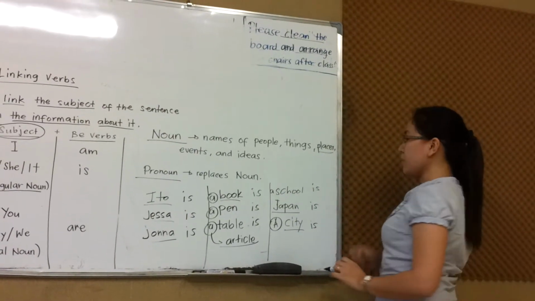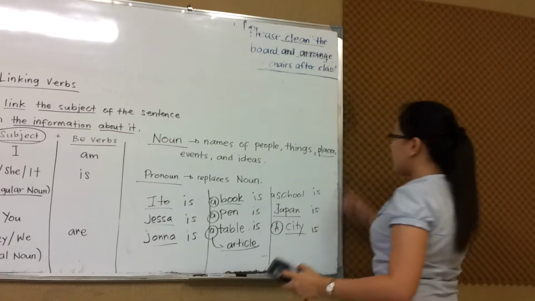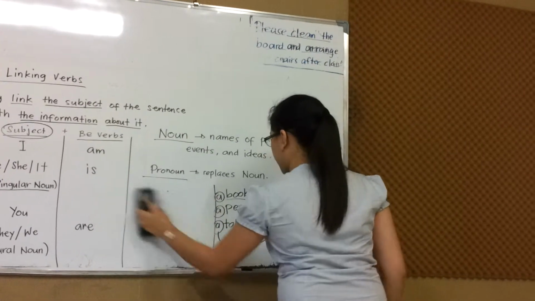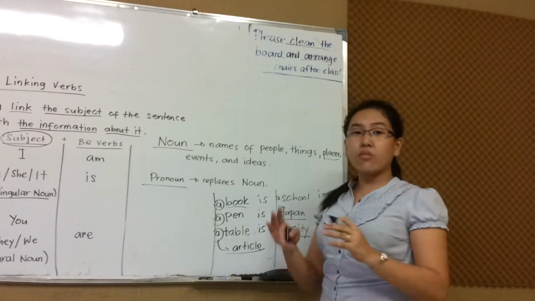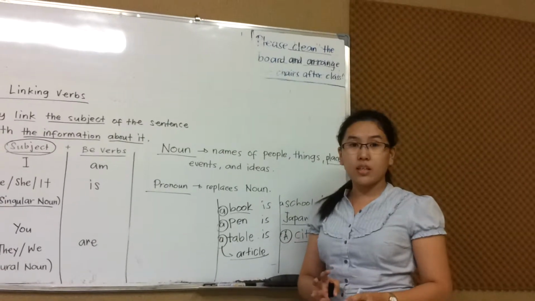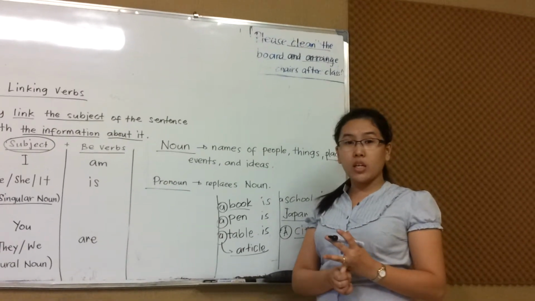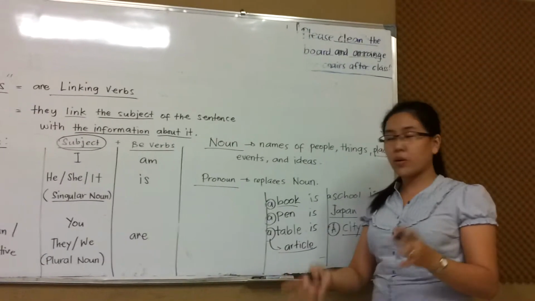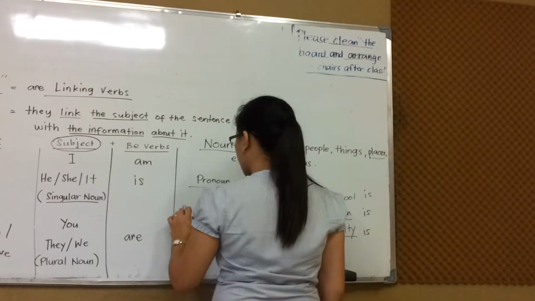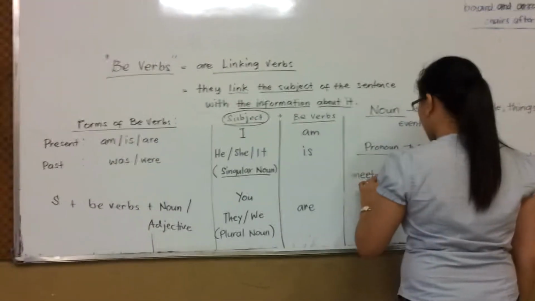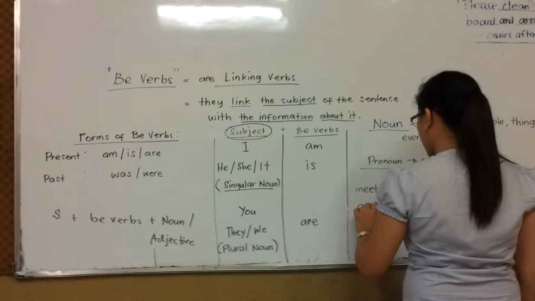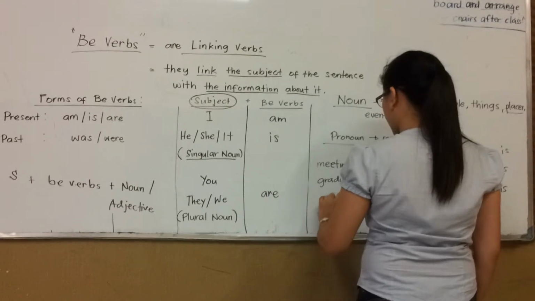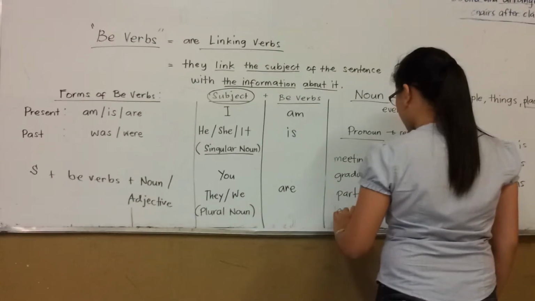Okay? Next, let's talk about events. So when we say events, it means happenings. So just like birthday party, meeting, concert, and graduation, or so on. Okay? So we have, for example, meeting, graduation, party, or concert.